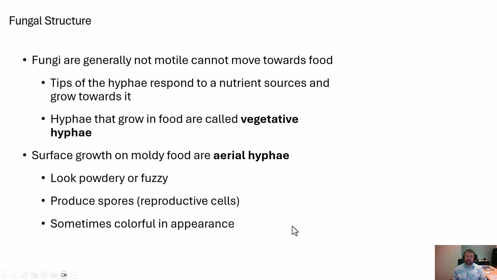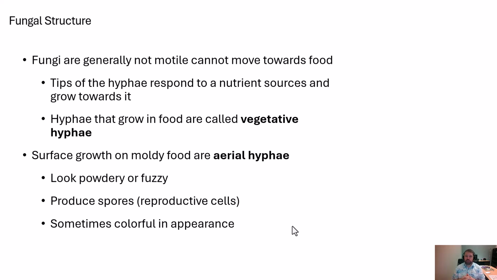And then they will produce hyphae that are typically encountering the air, so they're above the material. This could be above the ground. This could be above the flesh of an organism. Those are aerial hyphae, and they typically are the ones that are going to produce sexual or reproducing cells. It doesn't have to be sexual.